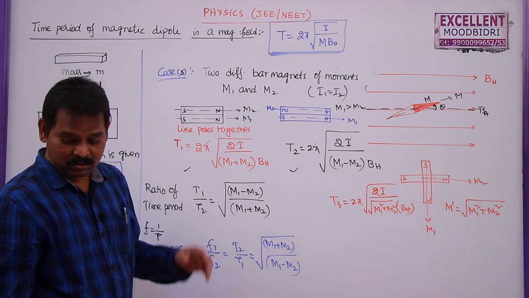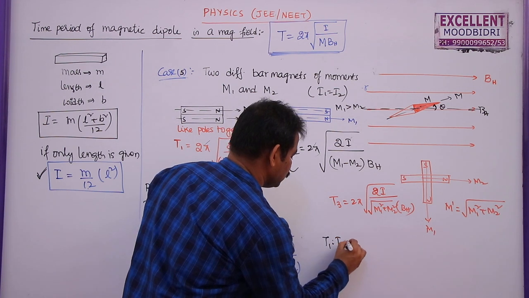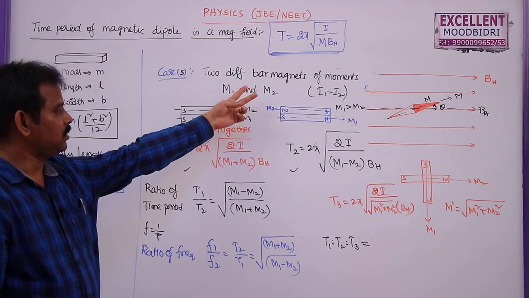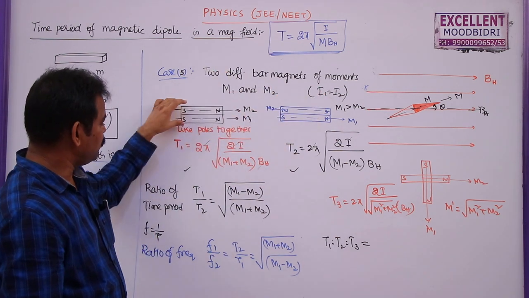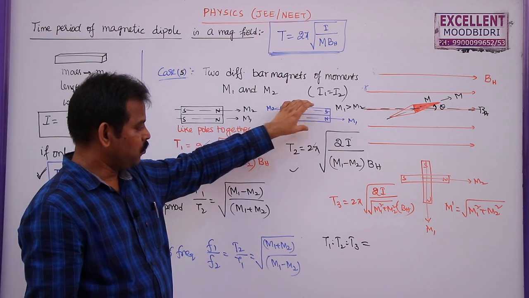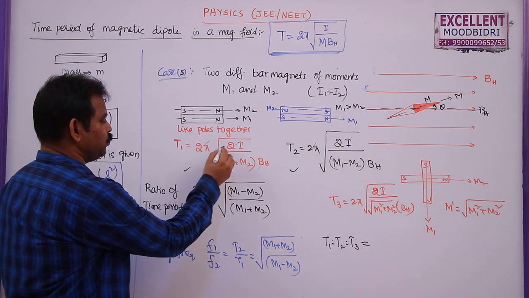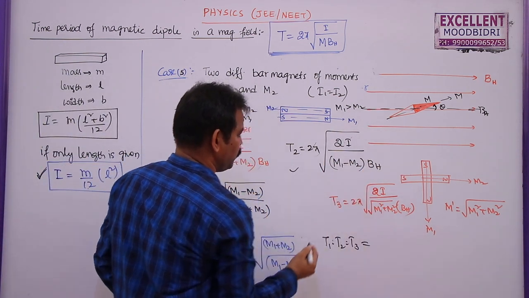So in JEE it was given once, what is T1 is to T2 is to T3 when two different bar magnets having the same moment of inertia with magnetic moments M1 and M2 are first placed with like poles together, unlike poles together, and perpendicular to each other. So the first one is 2 pi root I by (M1 plus M2) BH, here 2 pi root I by (M1 minus M2) BH, here 2 pi root 2I by root over (M1 square plus M2 square) BH.